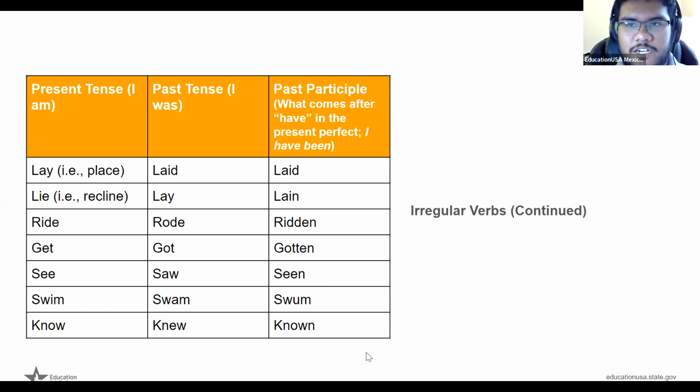Safe to say, I don't think the SAT will have something like this where it shows you this form or expects you to know this form, swum. So you won't need to worry about it. But like I said, much like lay and lie, it's still good to know. You can probably flex on native English speakers by making use of these forms in your speech if you want. The last example we have here is the word know, as in I know how to write in Mandarin.